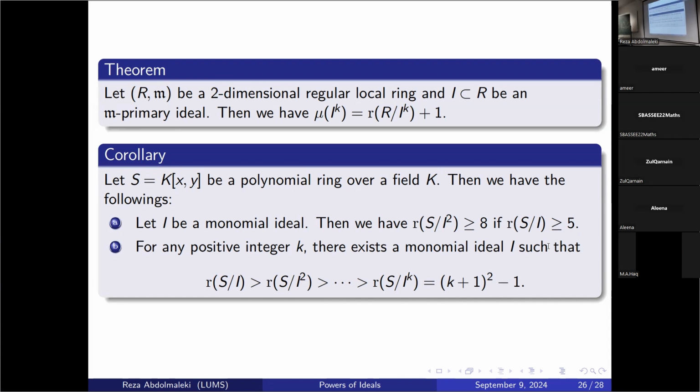This follows from the theorem of Teissier. And this one follows from our last theorem that the type is strictly increasing. There are some ideals where the type is strictly increasing up till a certain point, right?